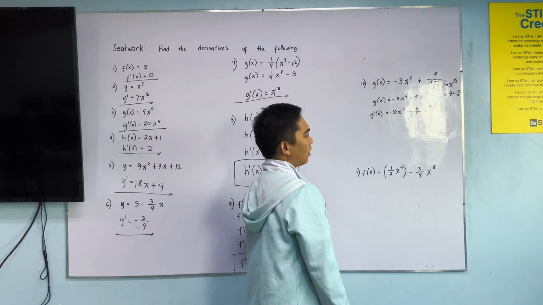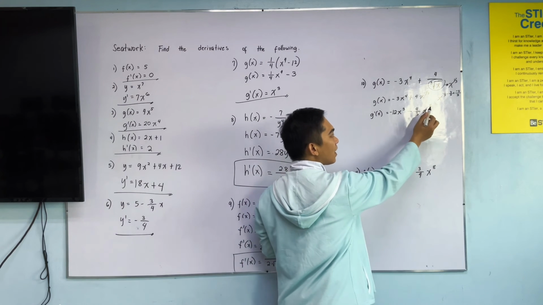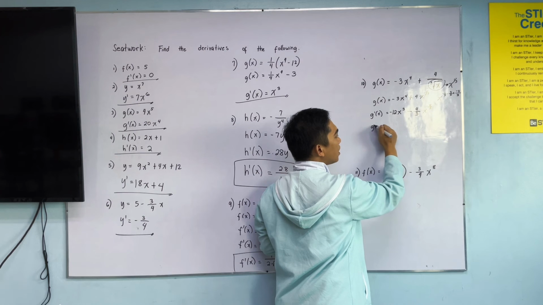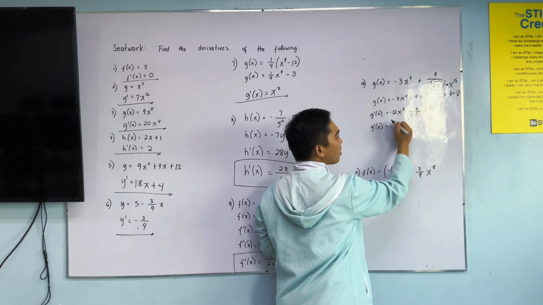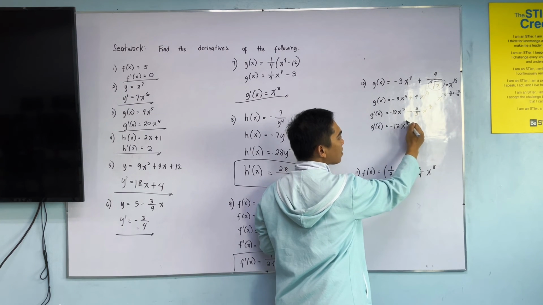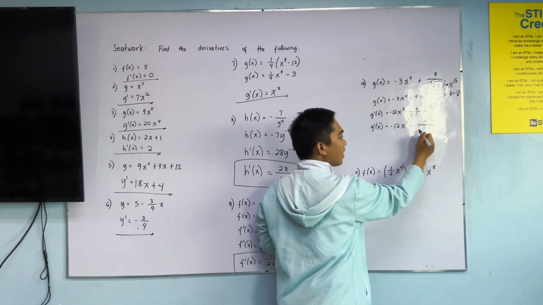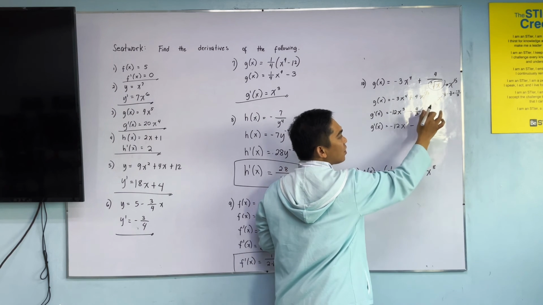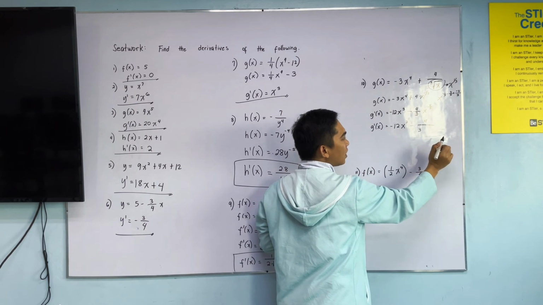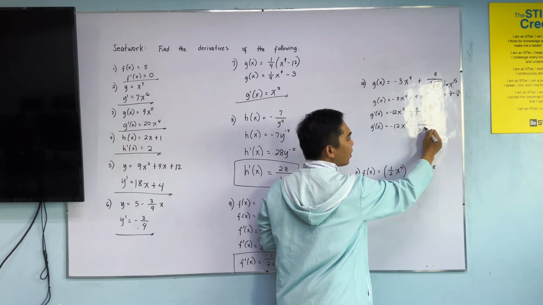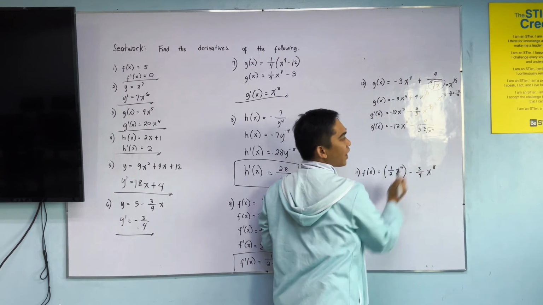Next, ibababa natin ngayon ito. So, mangyayari, we have g prime of x is equal to negative 12 x cubed minus 4 over 3. Then ito, ibabalik natin sa denominator para maging cube root of x raised to 4 na siya.